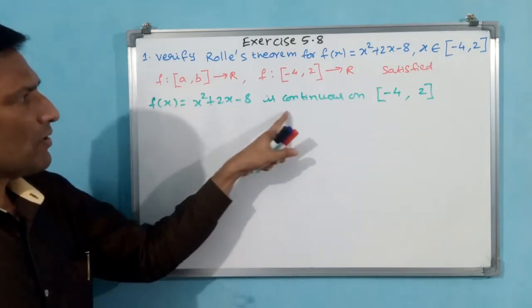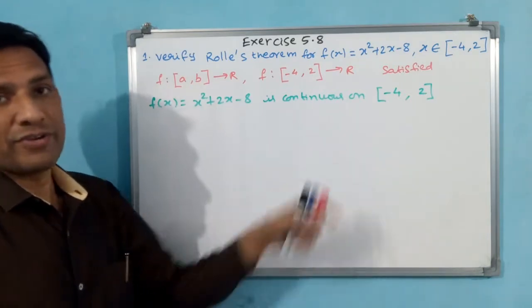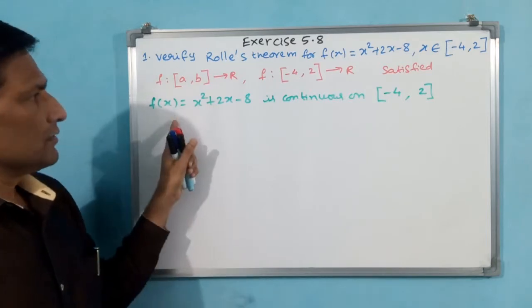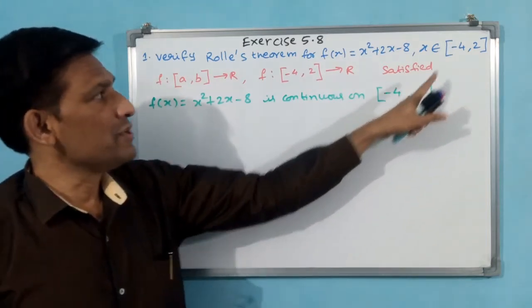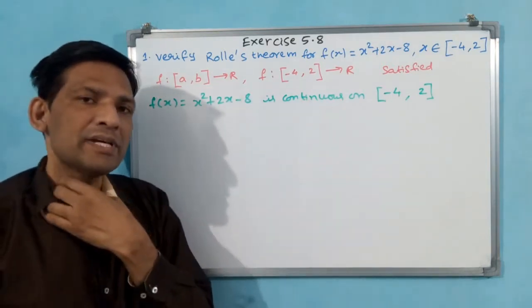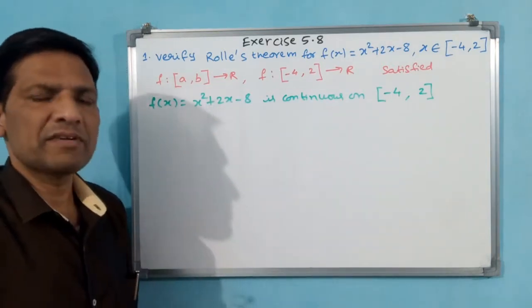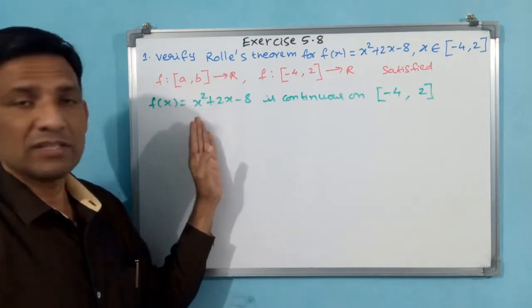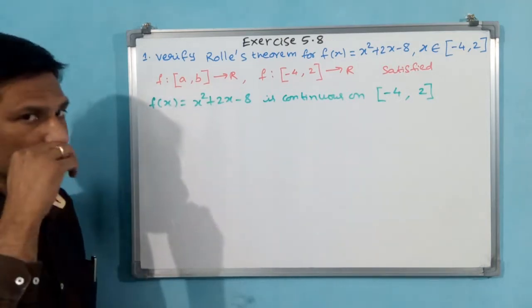Satisfied. That is why we have written continuous, or else we will write not continuous. This is continuous on a and b, which means here minus 4 and 2. By seeing the function itself, we can say whether it is continuous or not.